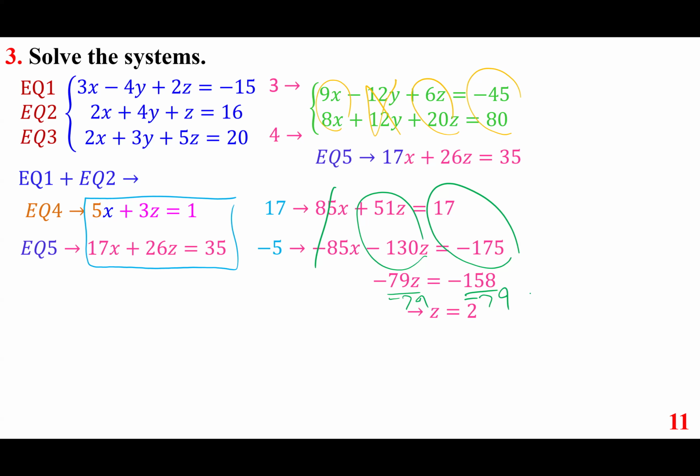All you have to do is go back to one of the equations and find x here. Which one? Either equation 4 or equation 5.